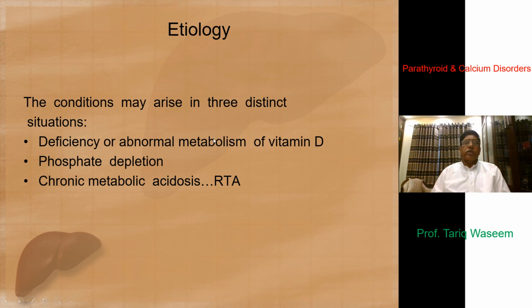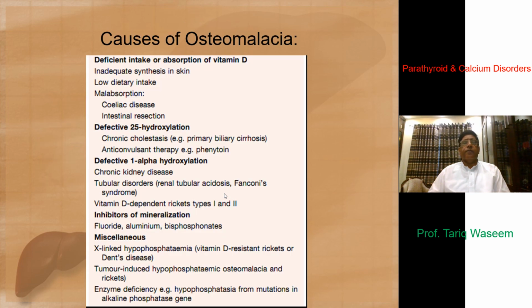So there are various reasons. Similarly, phosphate depletion can also result in this, because phosphate is the main stimulatory hormone for the parathormone. And similarly, chronic metabolic acidosis, as we discussed in renal tubular acidosis, may lead to defective reabsorption of calcium from the kidneys and result in hypocalcemia and tetany or osteomalacia.